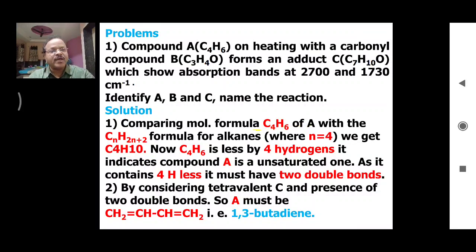Now if we compare the molecular formula of compound A with C4H10, we find compound A has 4 hydrogens less. In compound A, 6 hydrogens are there, and in this formula 10 hydrogens are there. So compound A is less by 4 hydrogens.